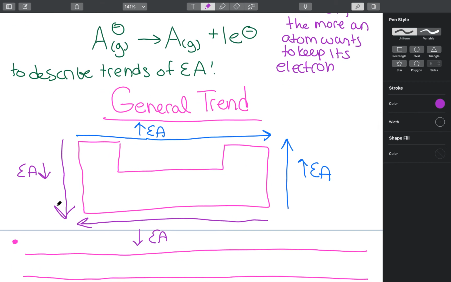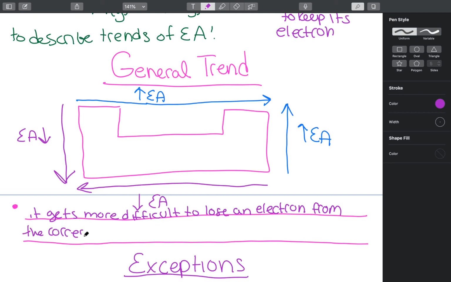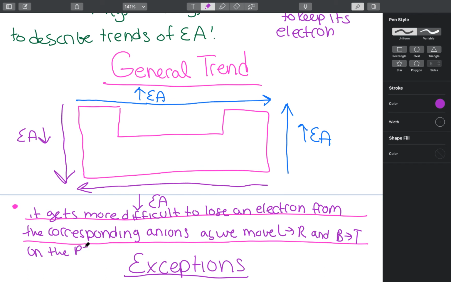So what is this telling us? Well, it's telling us that it gets more difficult to lose an electron from the corresponding anions as we move left to right and bottom to top on the periodic table in general.